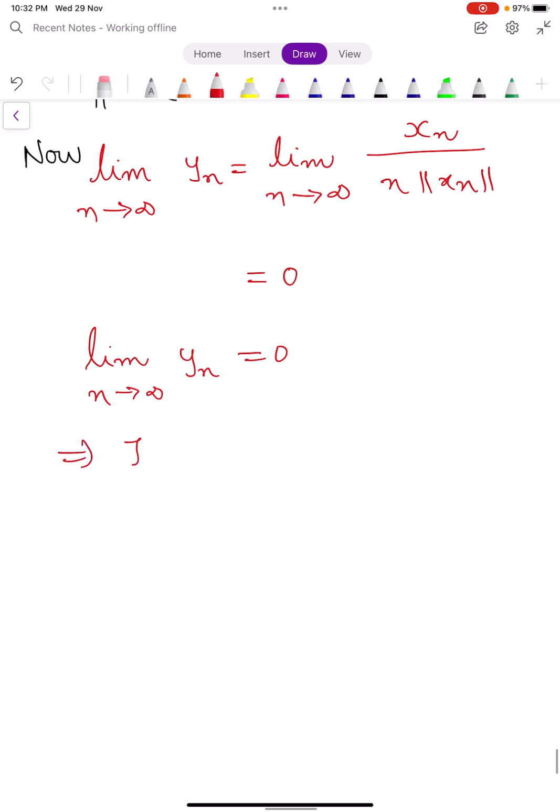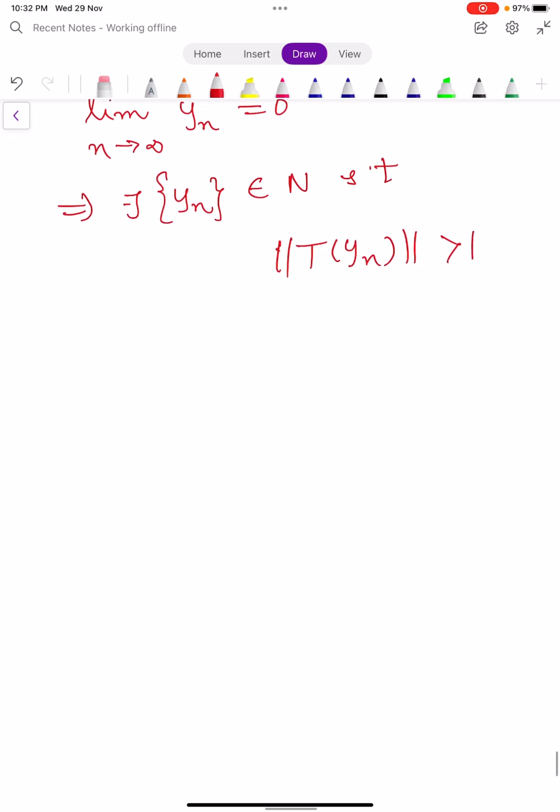It means there exists a sequence yn that belongs to capital N such that norm T of yn is greater than 1. What does it mean?